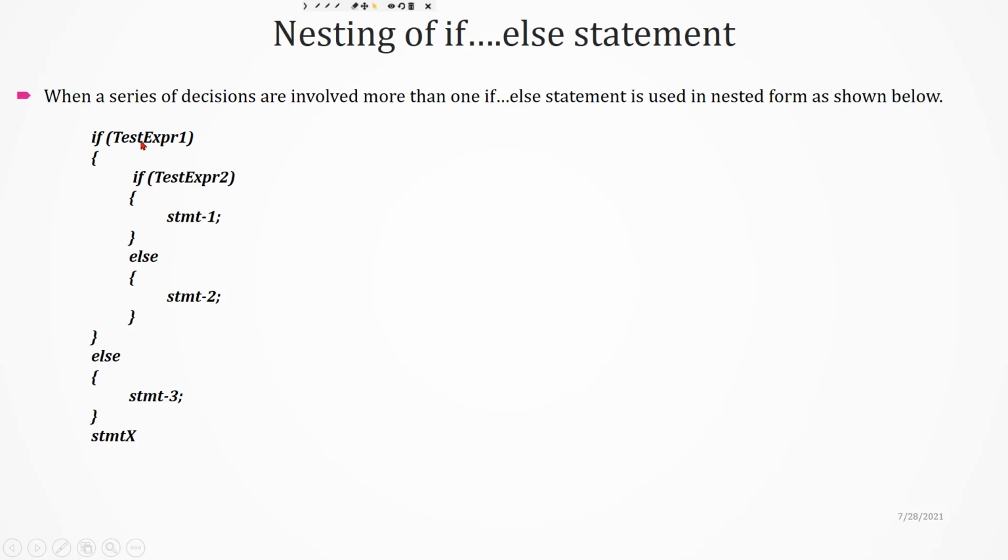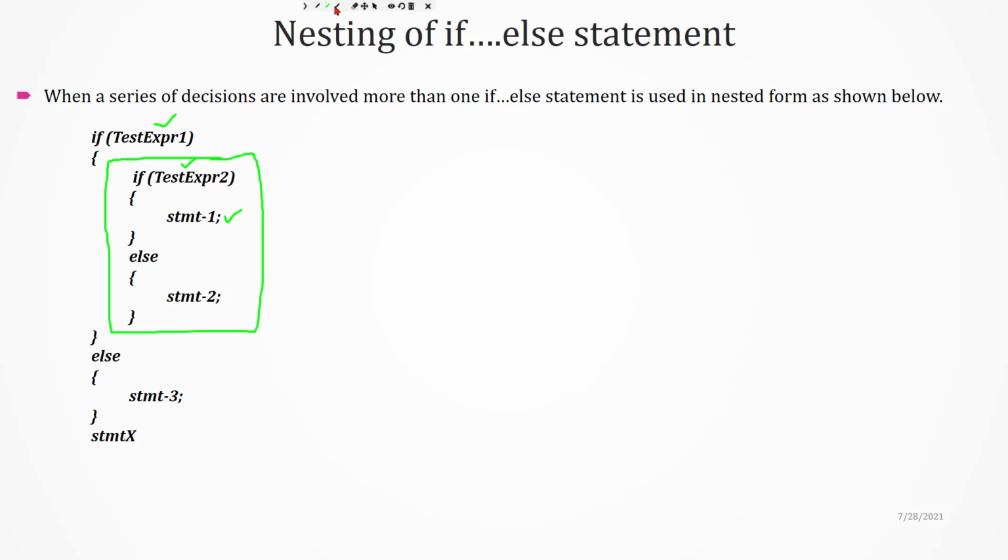If it is true, it will try to execute these statements. But in this block, the first statement is another test expression, so it will test this expression. If it is true, statement 1 will be executed.